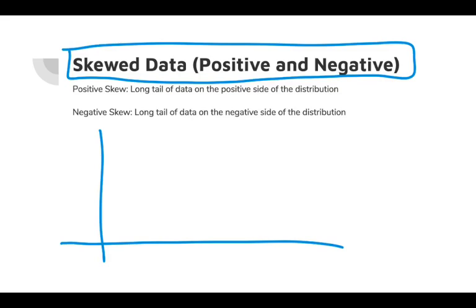So let's take a look at this. Right, we have frequency over here. We have the category or the grouping on the x-axis. And you may have a distribution that looks something like this.